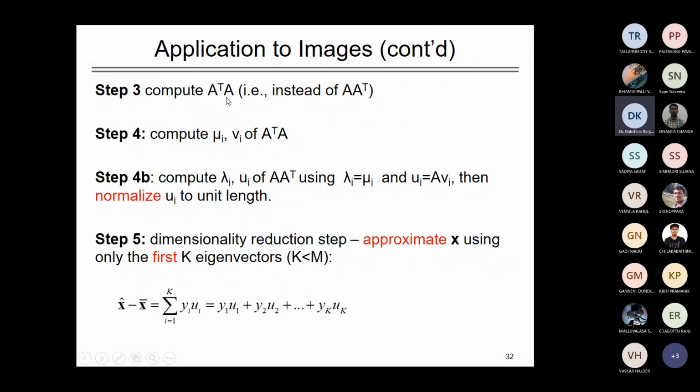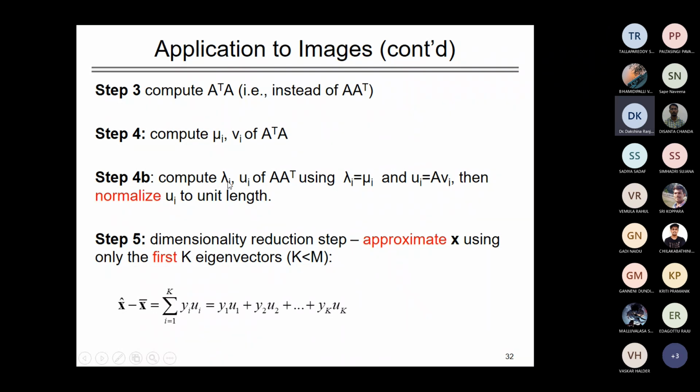First of all, we need to compute A transpose A, this multiplication. In the next step, we will compute the mean and variance of this matrix. We will get a matrix if we multiply the transpose of A and A, and here we compute the mean and variance from this matrix.